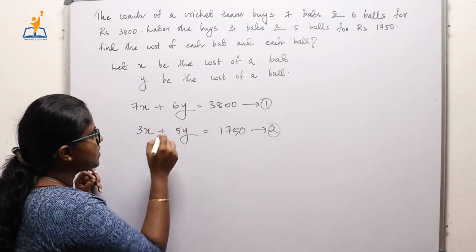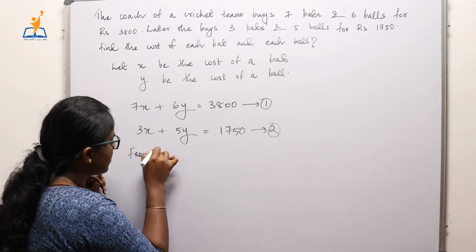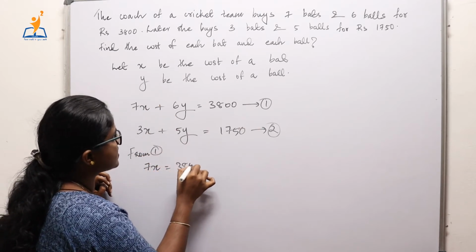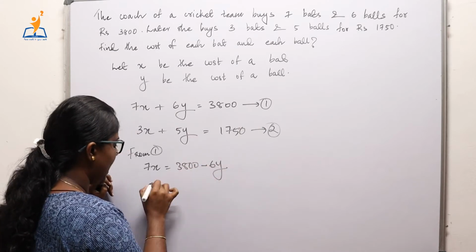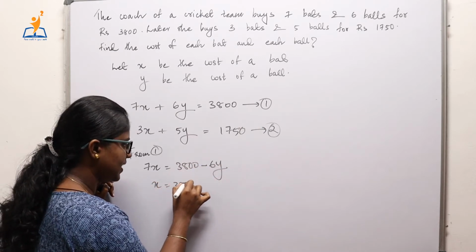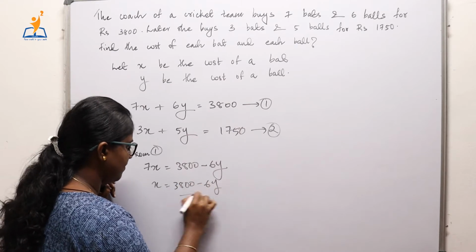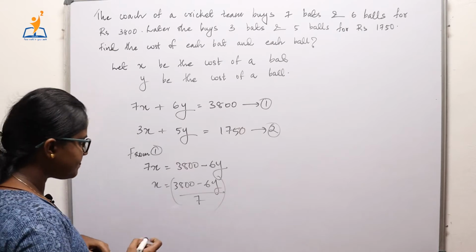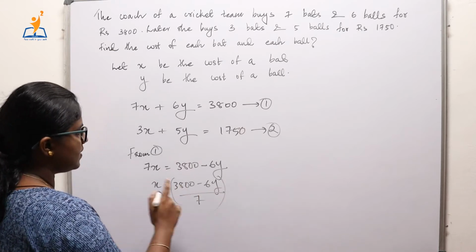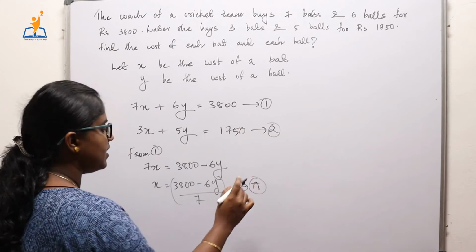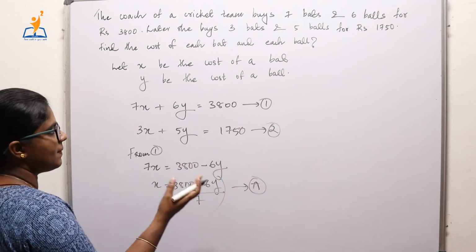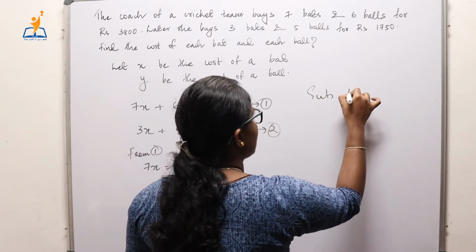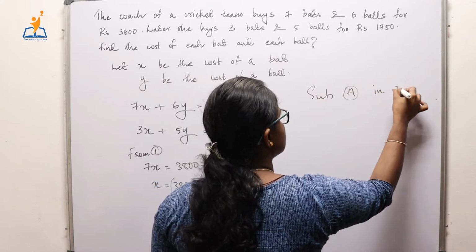For that, first of all, from 1 we can find the value of x, that is 7x becomes 3,800 minus 6y, and x becomes 3,800 minus 6y divided by 7. Now this is our equation number A. Now we are going to substitute equation number A in equation number 2, that is substituting A in 2.